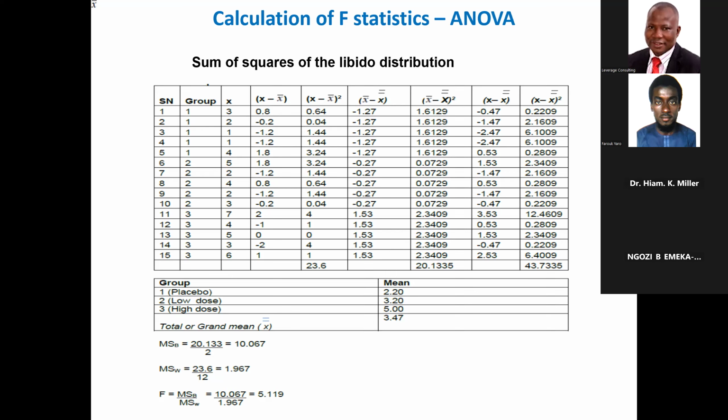That's why we say ANOVA, analysis of variance. Variance is a measure of variability. So total variability is what you get with this last one, sum of square total. That total variability is divided into two: variability within group and variability between group.